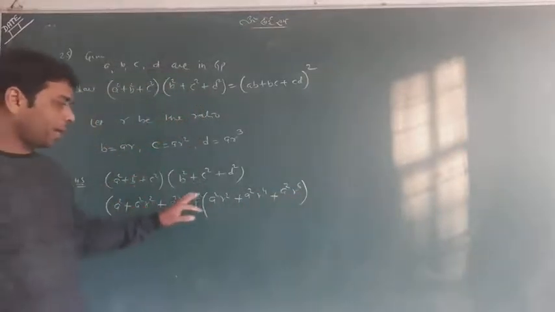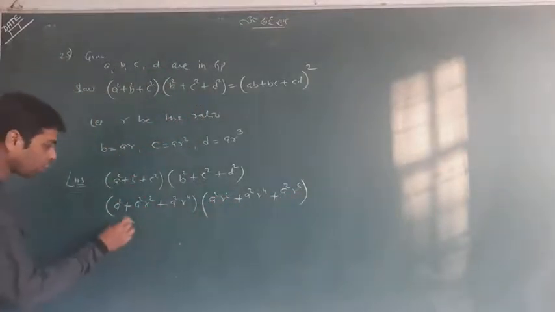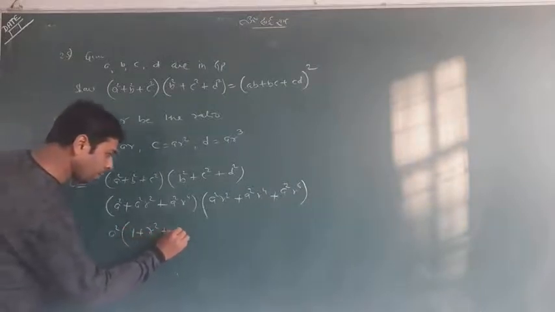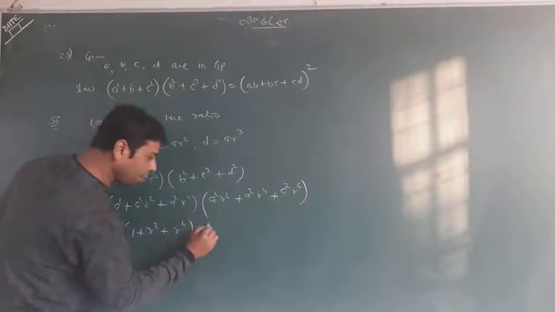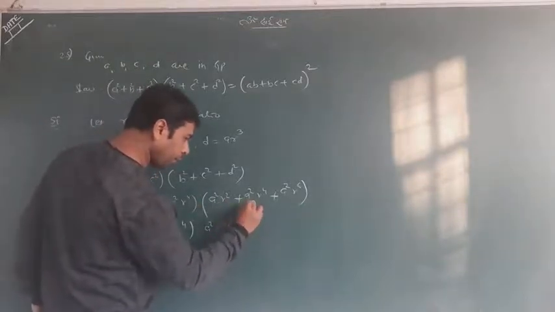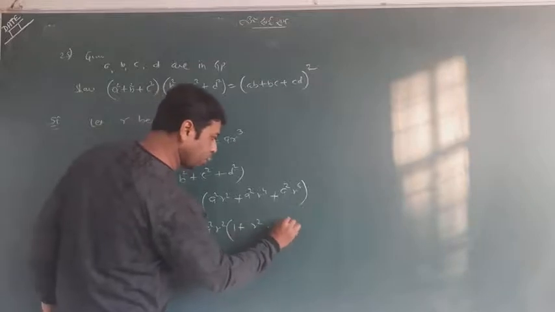Now you have put all the values. Now what will I do? Take out a square common. We have 1 plus r square plus r to the power 4. We take out again common a square along with r square. So take out common, it is 1, it is r square, it is r to the power 4.